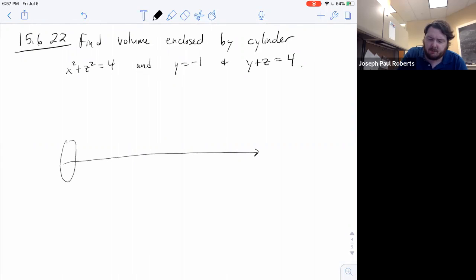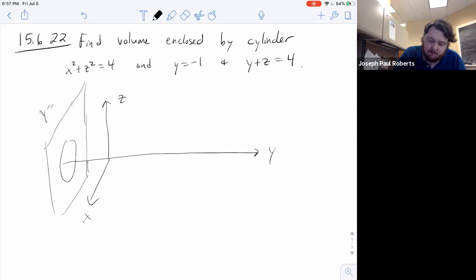So the cylinder that we're dealing with is around the y-axis, of course. And so y equals -1 is this plane over here that's perpendicular to the y-axis. And then y plus z equals 4 is sort of a diagonal plane.